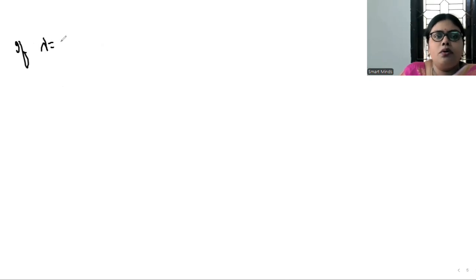Now, if lambda is equal to 9, then we need to find the eigenvectors.